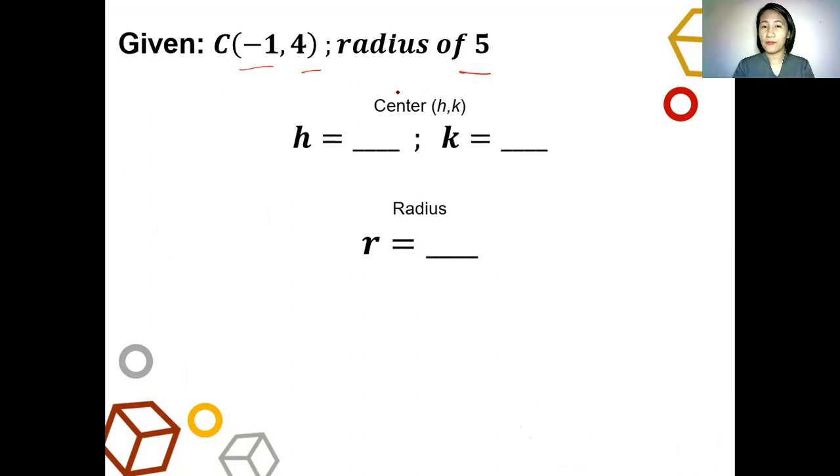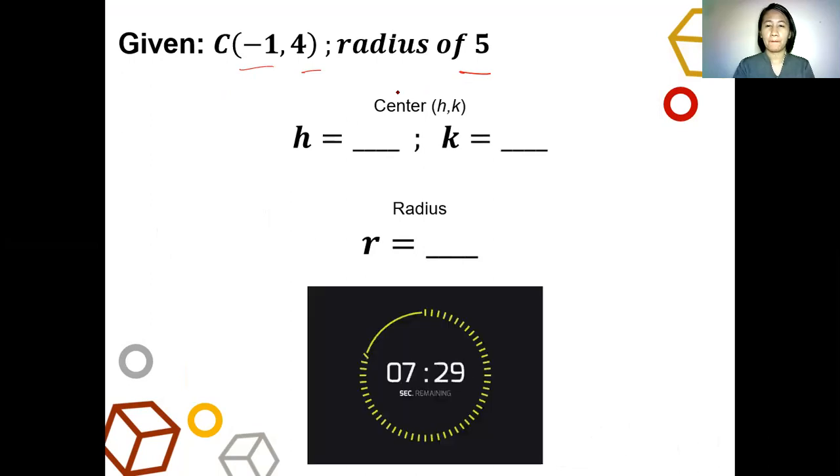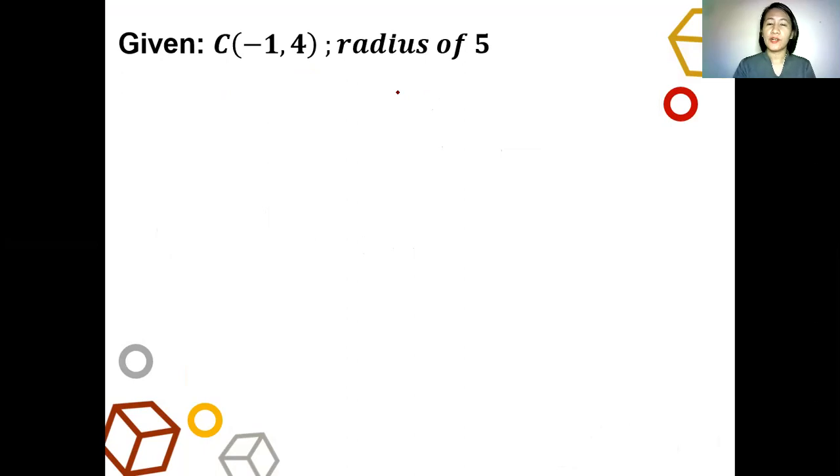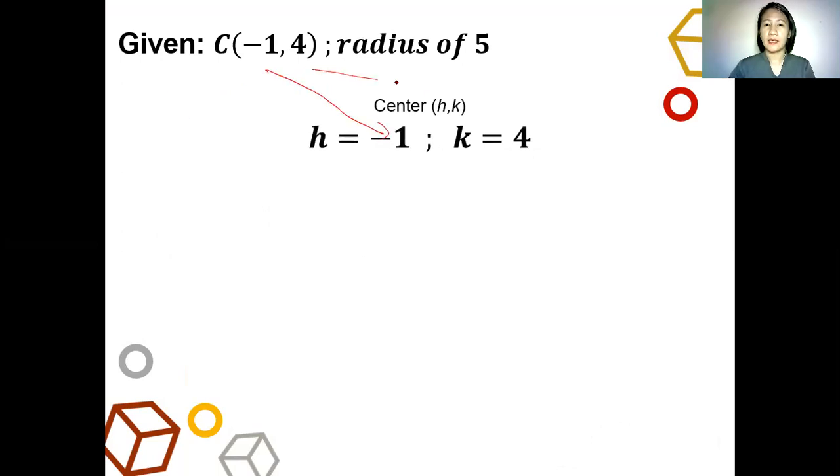Pause this video before you identify the answer. Okay, so for that one, we know that h is -1 and k is +4. Now for the radius, we have r equals 5.